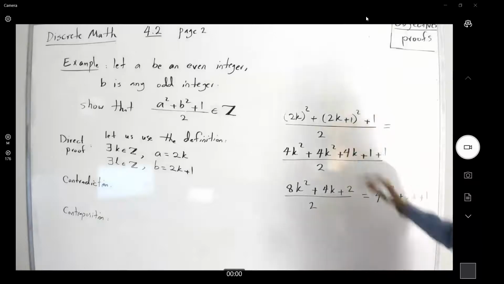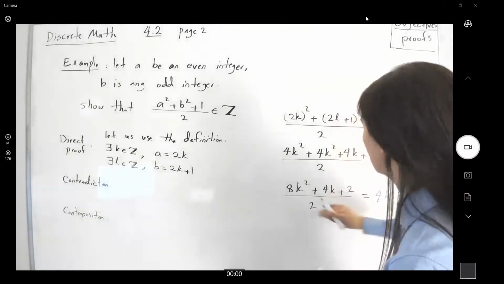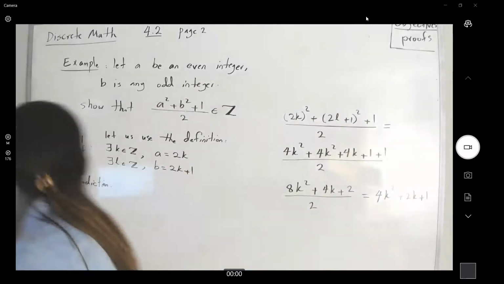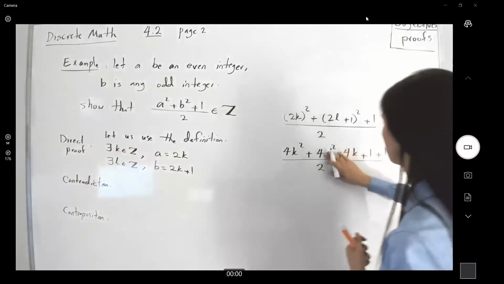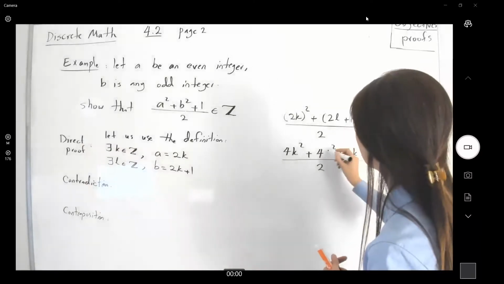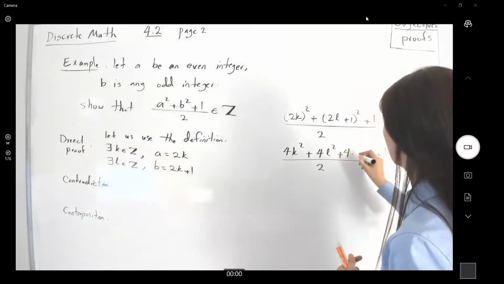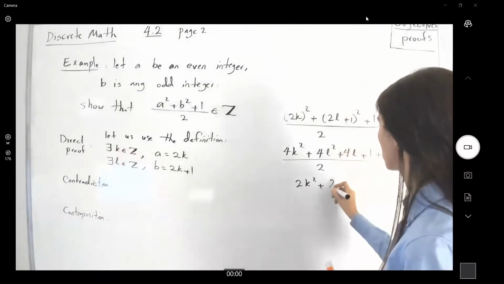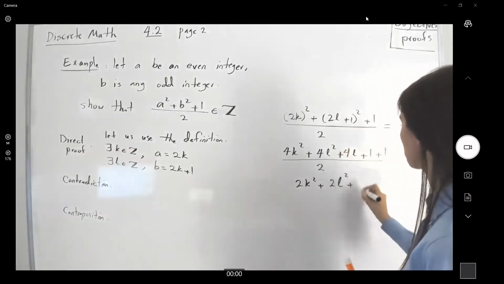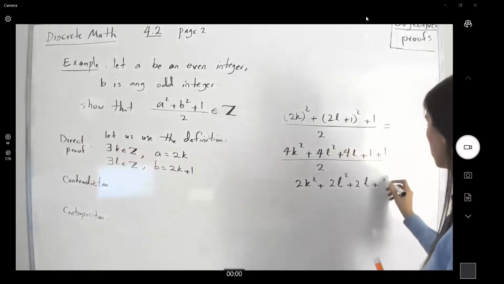I don't want to make you confused about these. It's easier not to combine them. So here we have 2K squared plus 2L squared plus 2L plus 1.